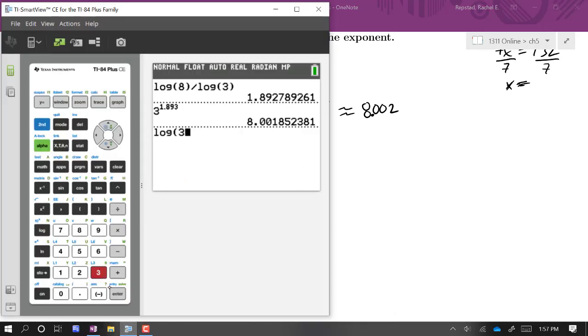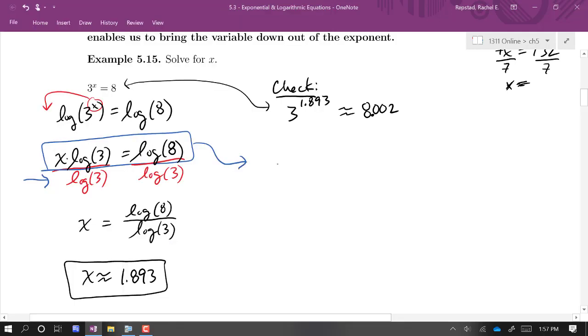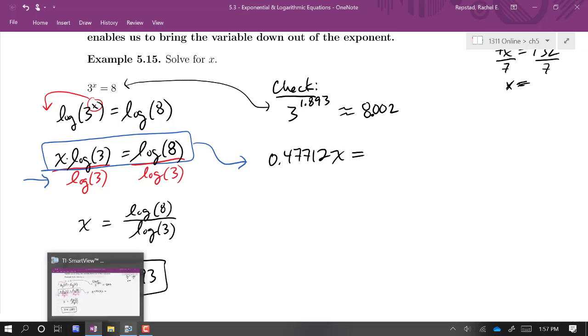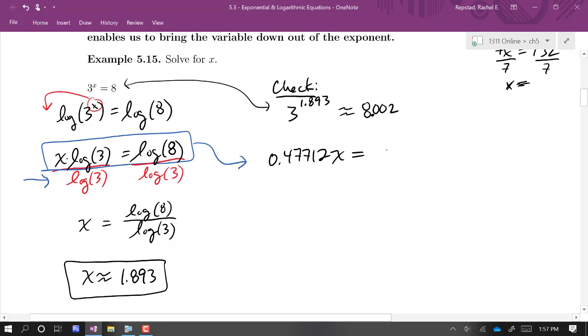So log 3 is equal to 0.47712. I don't want to round too coarsely because that can throw off my answer, so I'm going to grab several digits. So the left side is 0.47712x, and then log 8 is 0.90309.